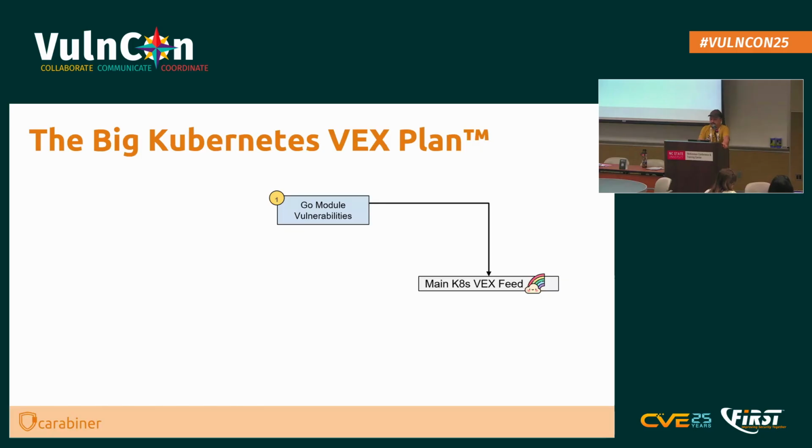The first one is vexing the vulnerabilities in the Kubernetes components. That is information from the CVEs that scanners are picking up in the Go dependencies of the project. Now this one is number one, but in reality, it is composed of two feeds.